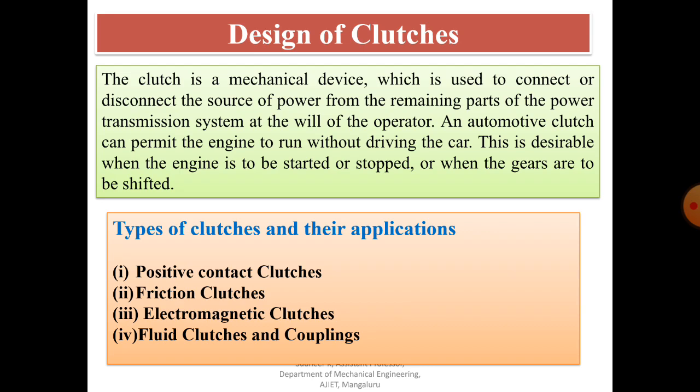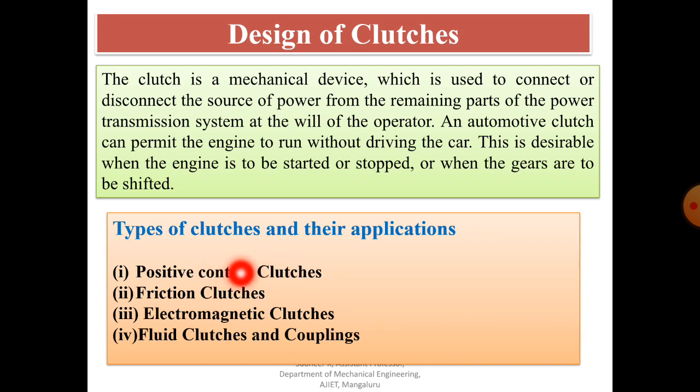A positive contact clutch has a jaw that is used to connect the driving and driven shaft. It may be in the form of a square jaw clutch or spiral jaw clutch, and there are also two-tooth clutches. Here the power transmission is achieved by interlocking of jaws or teeth.